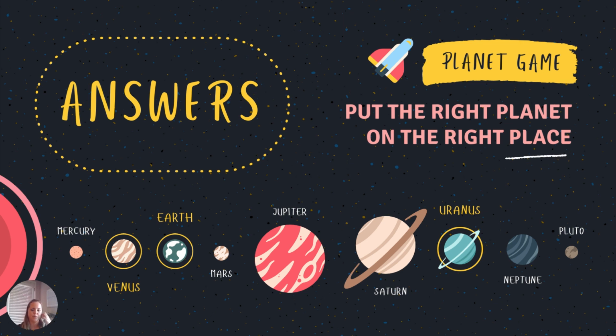A good way to practice if you don't know them is to draw them out. Start with the sun and see what you can do from there. The biggest thing is knowing which 4 are the inner 4 and which 4 are the outer 4 and why that is. The inner 4 are rocky planets and the outer 4 are gas giants.